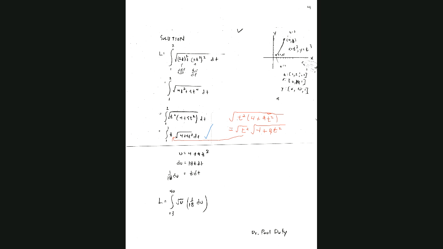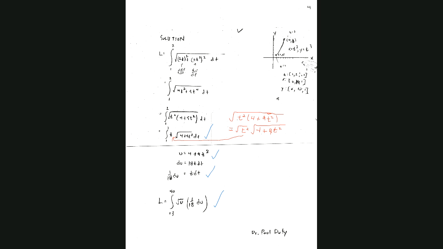It's absolutely right. And so when we do that, by letting u equal 4 plus 9t squared, we'll get that t dt equals 1/18 du. And so now our integral with respect to u, our arc length, is going to be the integral from 13 to 40 of the square root of u times 1/18 du.